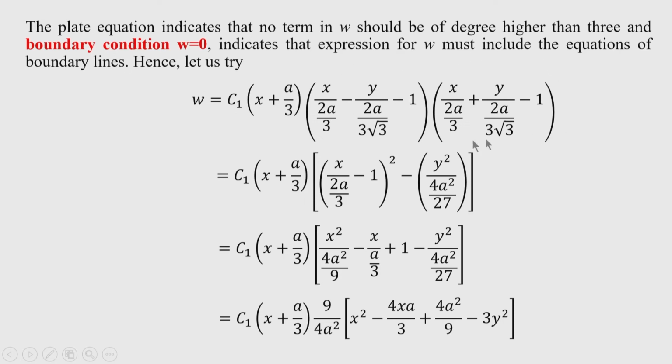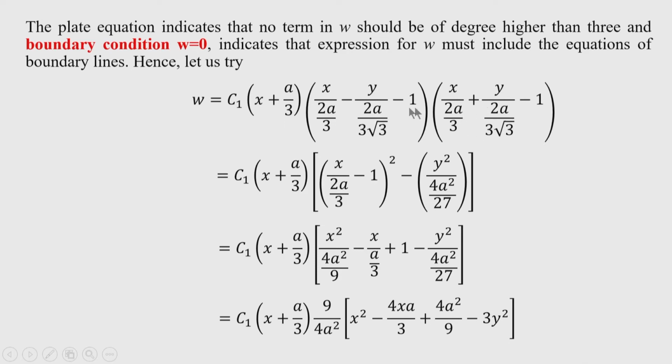Because of this type of expression, you can see that W equal to 0 is immediately satisfied. There is no doubt about that, because at the boundary this expression has to be 0, this expression has to be 0, this expression has to be 0. Now, this term can be arranged: x plus a by 3 I am keeping here, and this term can be taken as 1 minus y by 2a root 3, and this term can be taken as it is, plus.